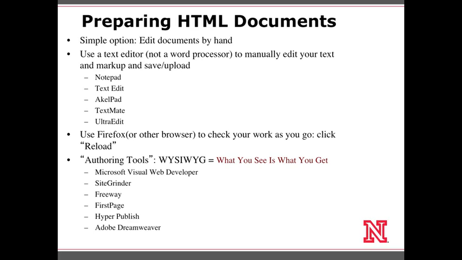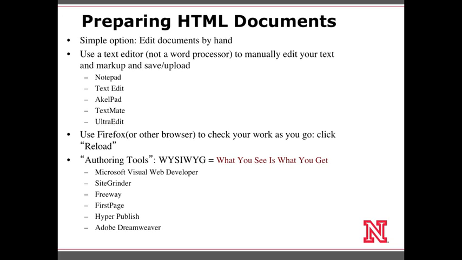So you want to use a basic text editor like TextEdit, Notepad, and then some other slightly more complicated ones. Komodo Edit is one that we use. There's one called Coffee Cup. There's one called BB Edit. There's a bunch of them out there, and you can just Google those to find a lot of different options.